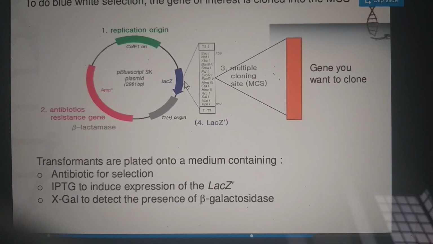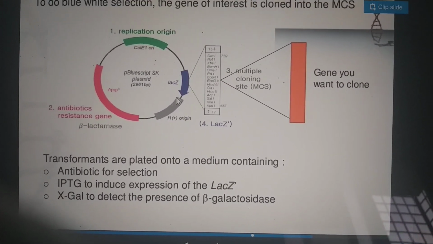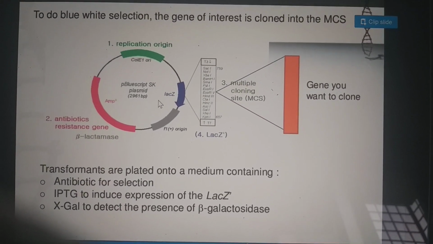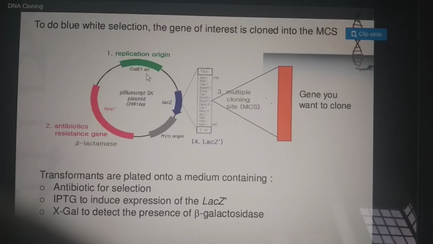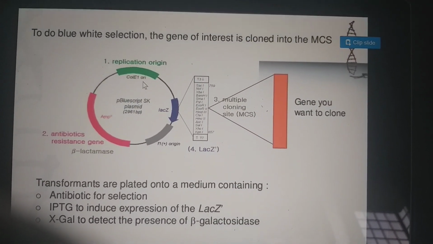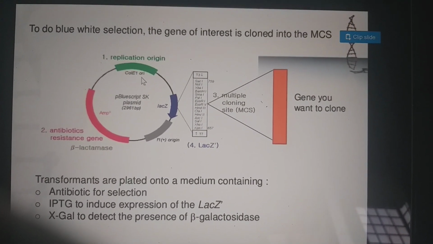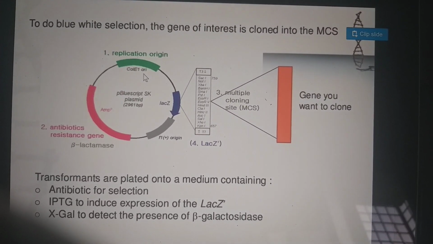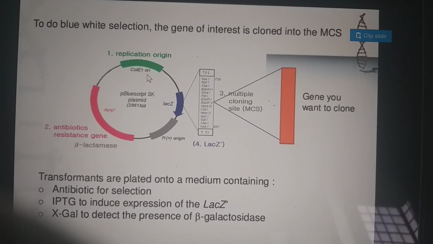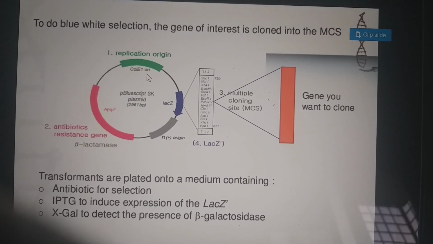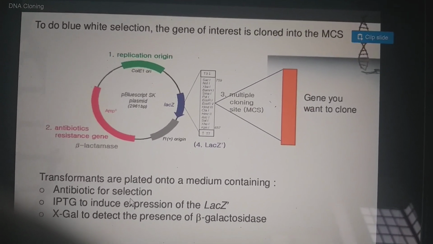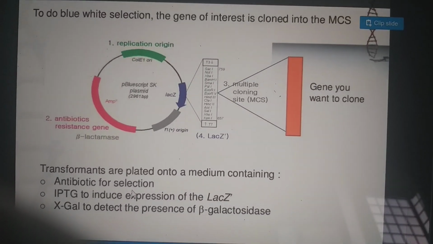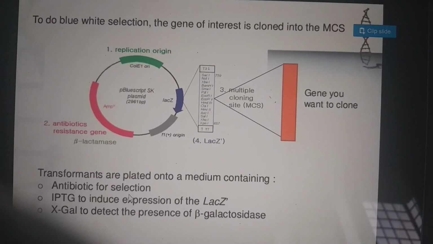Now this recombinant plasmid is transformed into the bacterial cell, and these bacterial cells in which the transformation has been carried out are allowed to grow on a medium containing antibiotic for selection. Now how are we going to select these transformants?